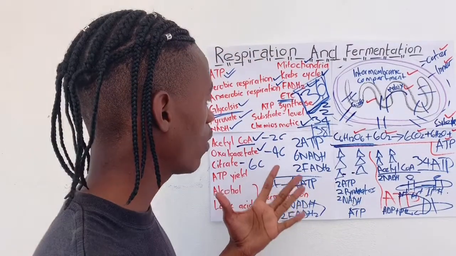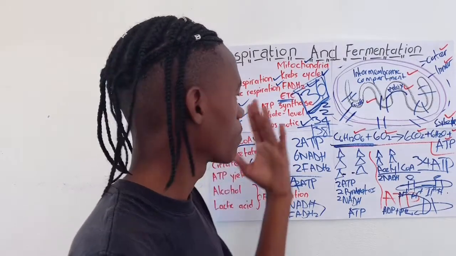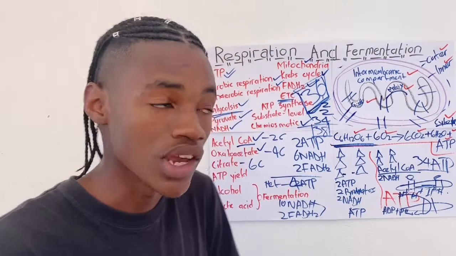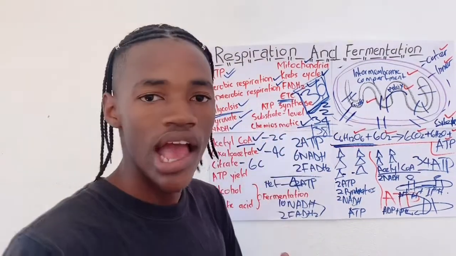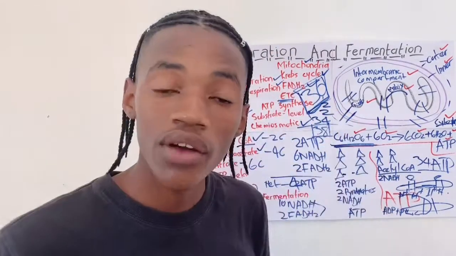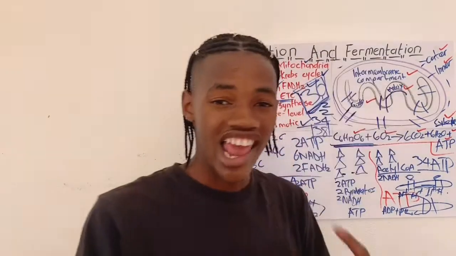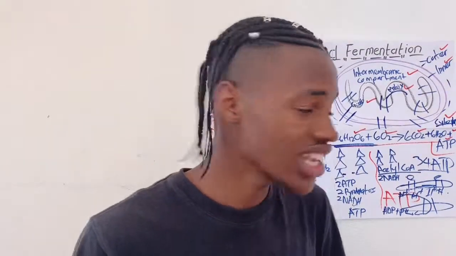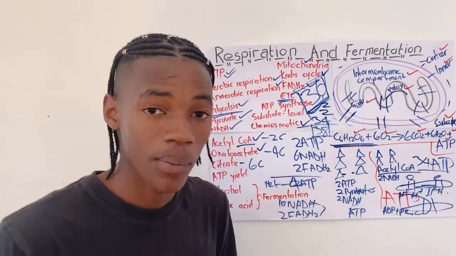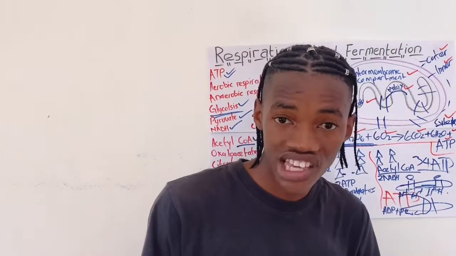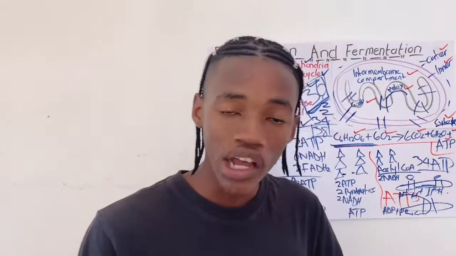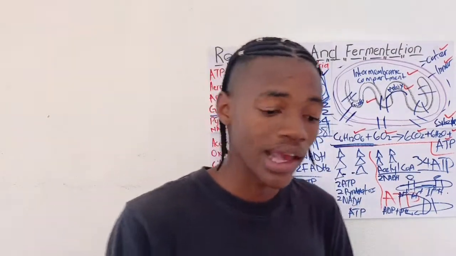And then now anaerobic respiration produces less ATP than aerobic respiration, and it is also part of fermentation, whereby electrons from NADH reduce the pyruvates. And we have two types of fermentation. We have lactic acid fermentation, which occurs in our bodies, and alcoholic fermentation, which is used to make alcohol.